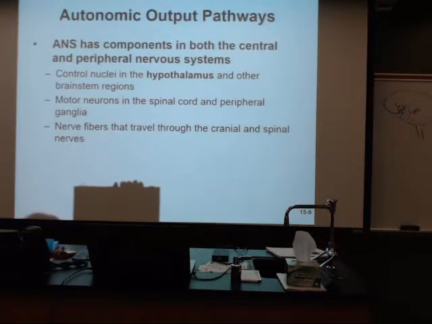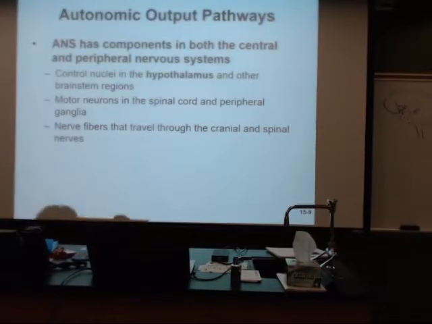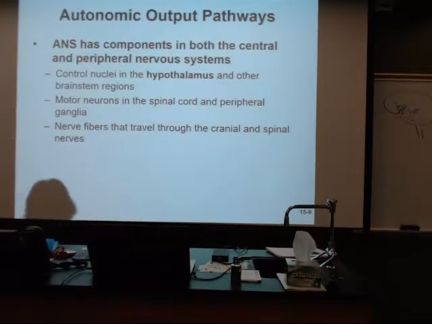So I had to exit by way of the spinal nerve and to ganglia. Is everybody with me so far? Because if I have to exit that way, the fibers are going somewhere.